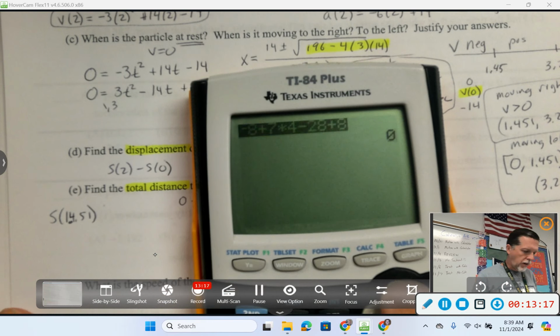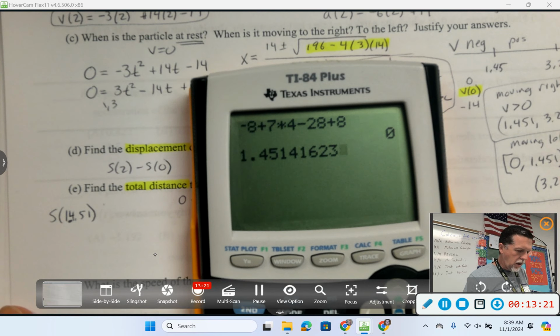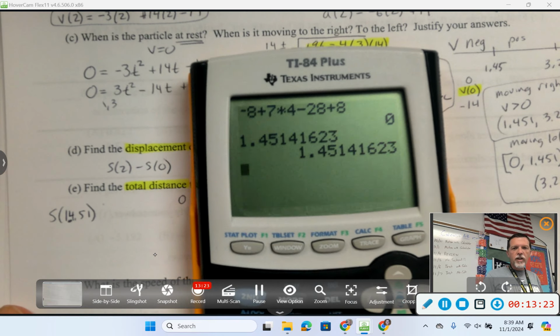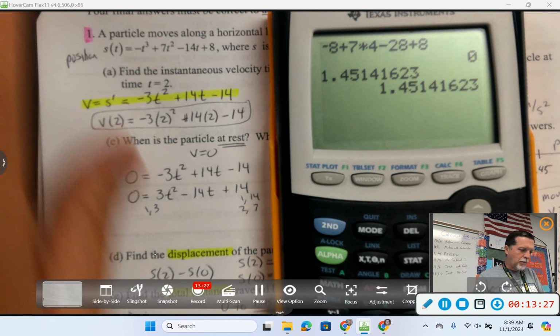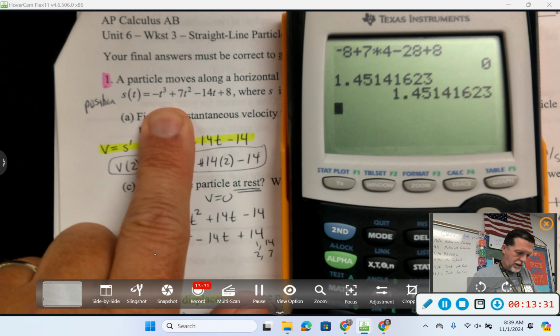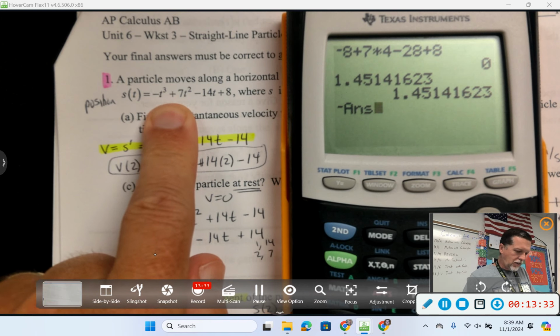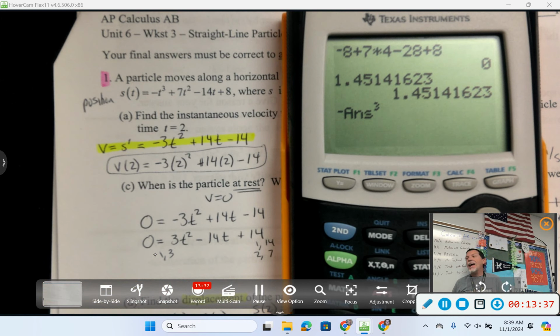Let's see, do I have that in my... So there's 1.451. I'm just holding it in the calculator so I can be completely accurate here. When I plug it in, negative answer cubed, right? So I don't have to type it in, and I get all the accuracy when I do it this way.